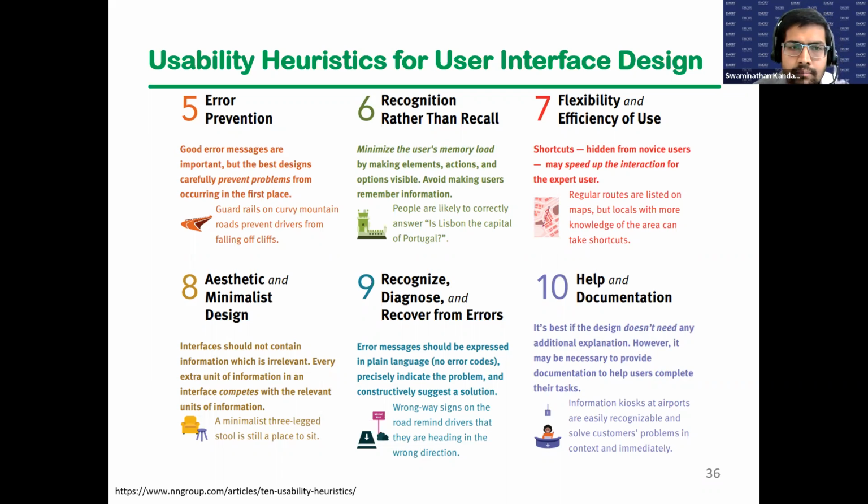And then the next thing is trying to recognize and recover from errors. We want to make sure that users don't make any mistakes, but even when they do, we want to make sure they understand where they are, like what the mistake is, and recover from that error. So it's easier for them to proceed. And finally, documentation to help them know what to do.